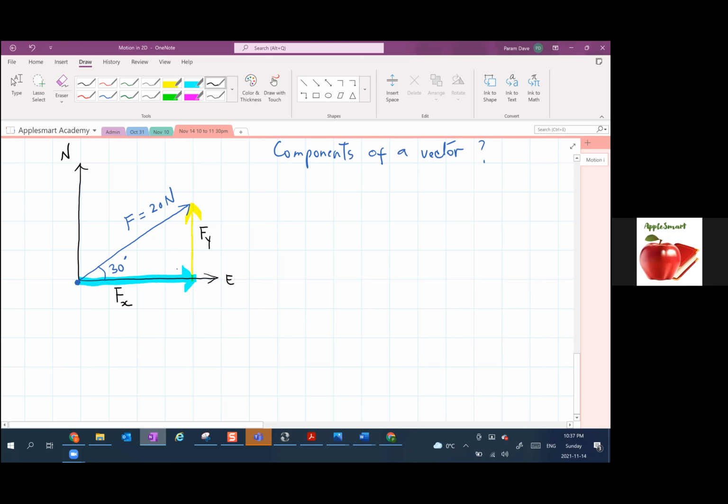It's going to be very easy because you've learned how to use trigonometry with a right triangle. Your hypotenuse is along the blue vector. Your adjacent side to the 30 degrees is the Fx over here. Have you learned this in maybe grade 9 or 10?